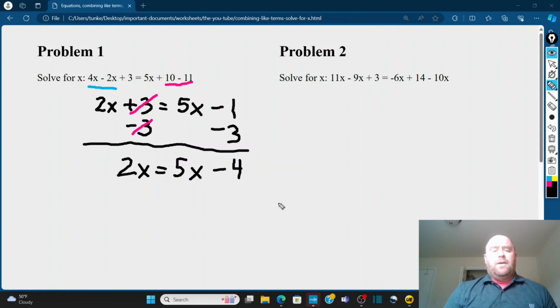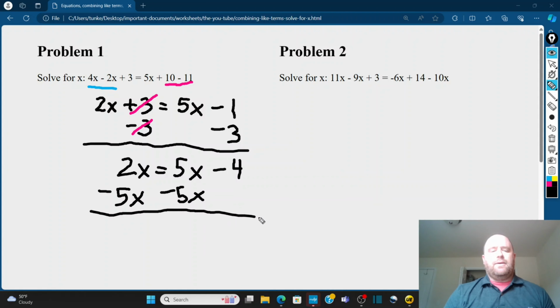Okay? So now what I want to do is get all the x's to one side. So I've got to move this 5x over. This is like a plus 5x, even though I don't have a plus written here. So to get rid of it, I'm going to have to subtract 5x, and I'm going to do that from both sides.